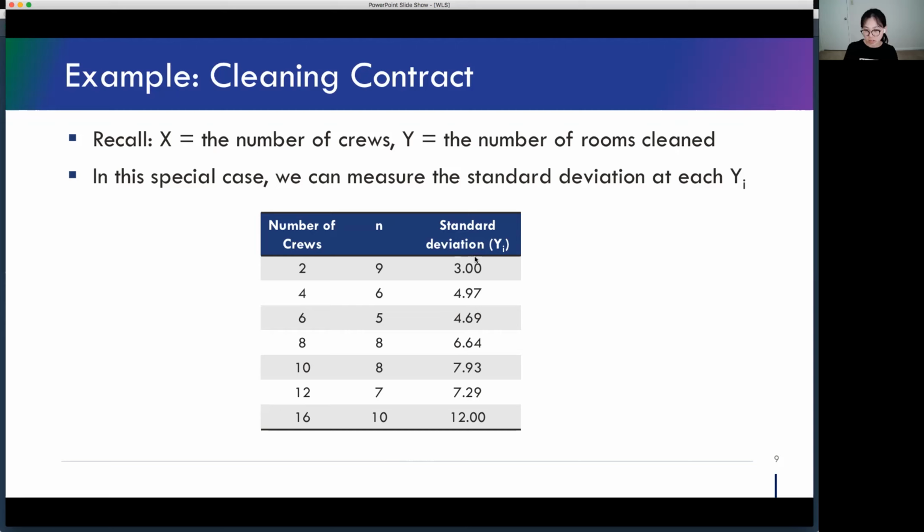Now we can get the standard deviation of yi. So in this special case, we can measure the standard deviation at each xi value. That's the standard deviation of yi.